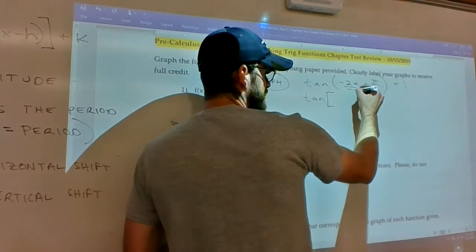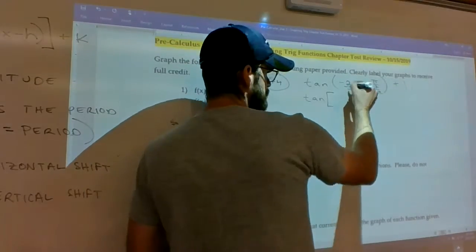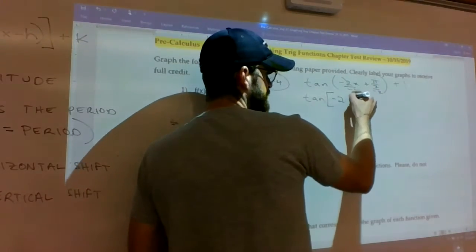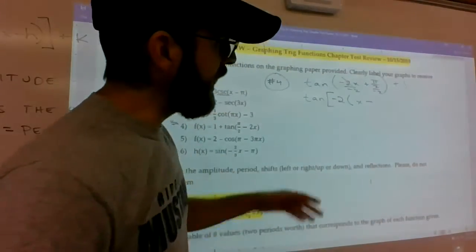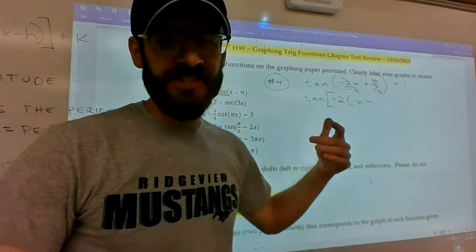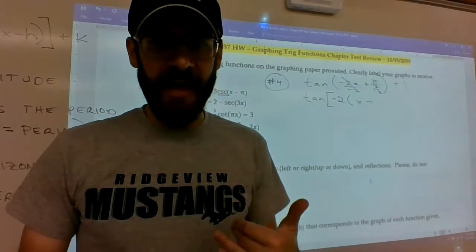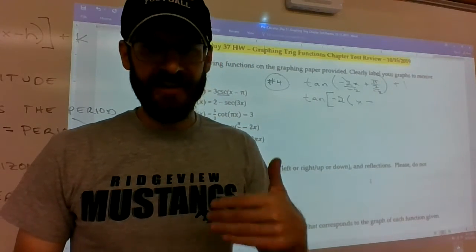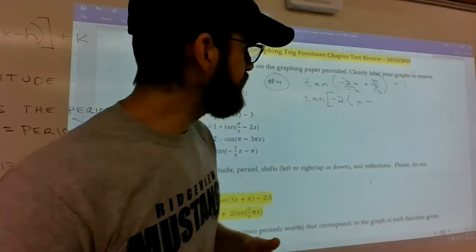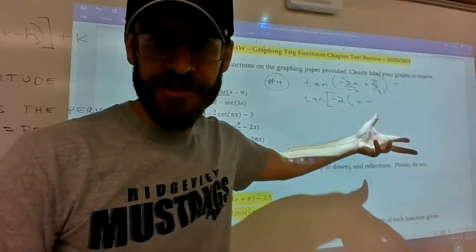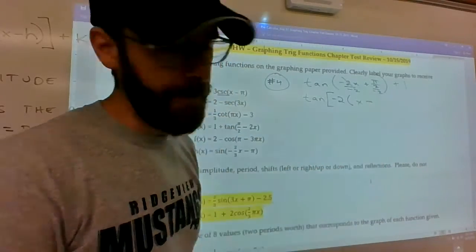So number 4, I'm going to rearrange it like I've done with some of the other ones. Inside, I'm going to rearrange as well. Plus 1. All right, these examples are pretty good because they all make you have to figure out what's the deal with the negative in front of the x value. So I'm dividing out the negative 2. So you get negative 2 times x, plus divided by minus is a minus. Pi over 2 divided by 2, just think of it as pi over 2 getting cut in half. So it's like a half. What's half of a half? It's a fourth. So taking a fraction divided by a whole number just means multiply the denominator by that.